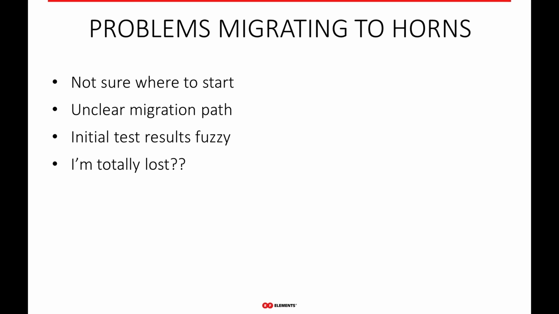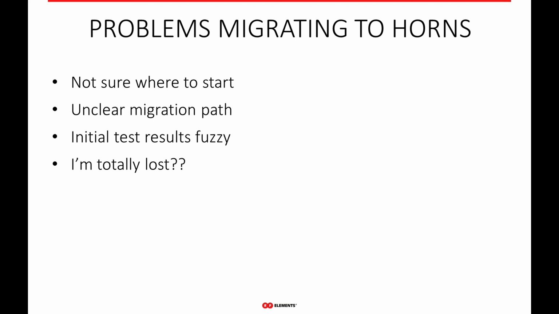In a lot of cases, people are just not really sure where to start. This could be because perhaps you've tested our product slightly and don't really know how it performs or how to interpret the results. Maybe you've never seen our product before either, right? A lot of people are also unclear of the migration path.